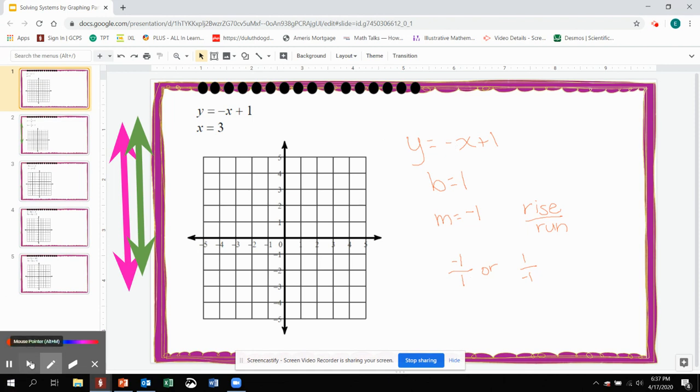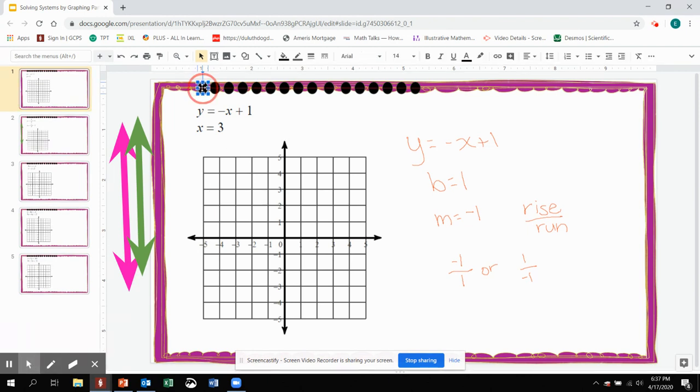So let's take this and graph this line. We're starting with our y-intercept of positive 1. If I start from my origin, to get to a y value of positive 1, I would move up 1. Then from there, I'm going to use my slope. My slope was negative 1, but we had to write it in the form rise over run, so that's the same as negative 1 over positive 1.